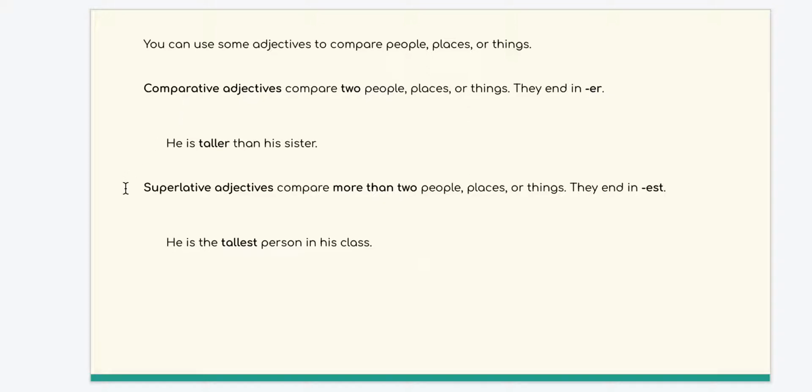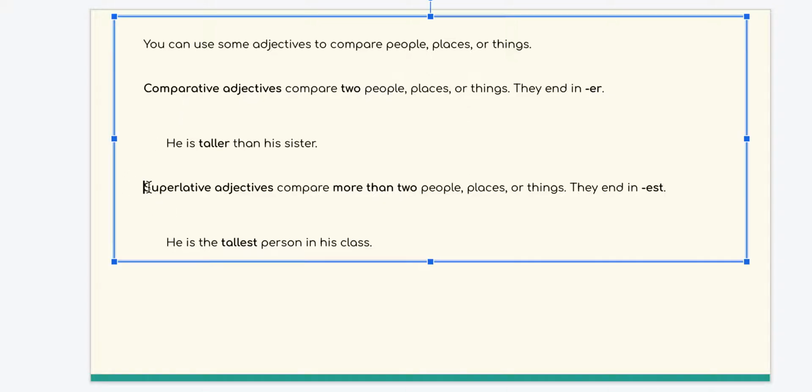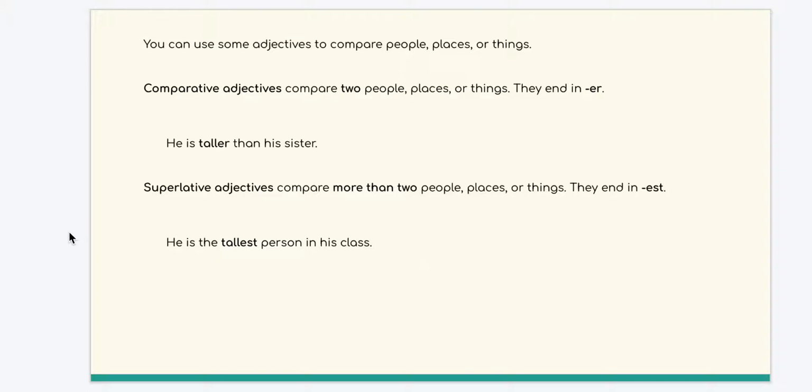Our superlative adjectives, if you can see we have the word super in it, that's comparing more than two people, places, or things. So when you hear compare, you can think of two things, and then here we have superlative, that's more than two things, so three or more.